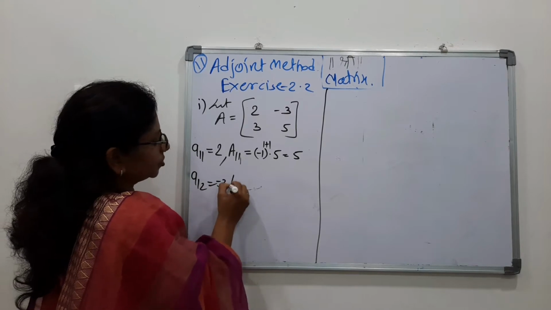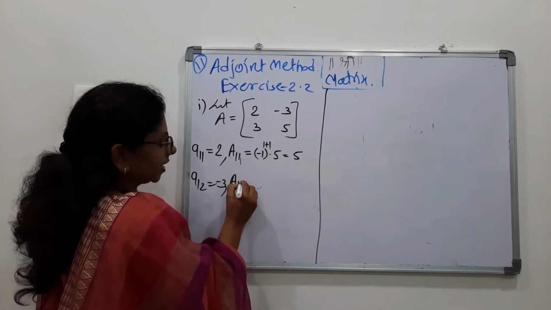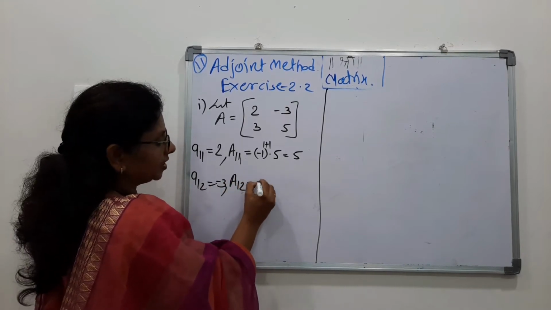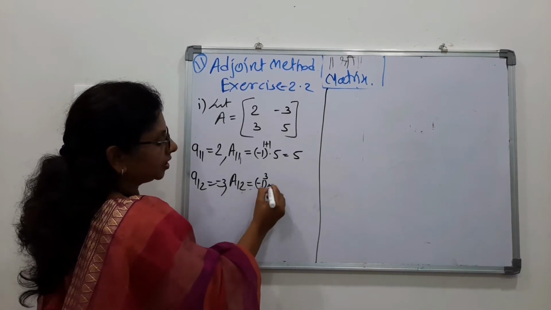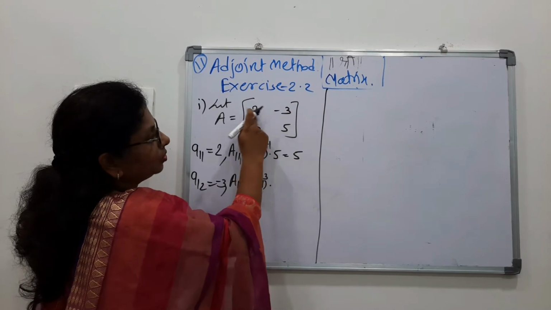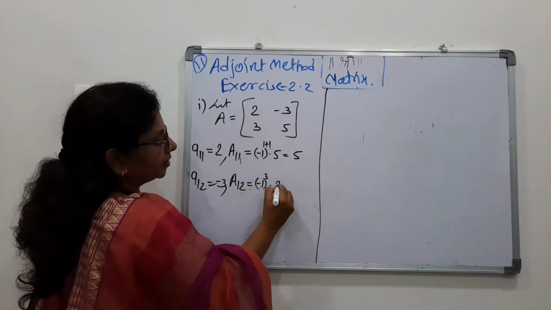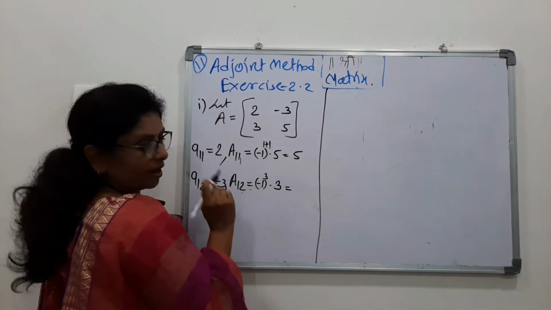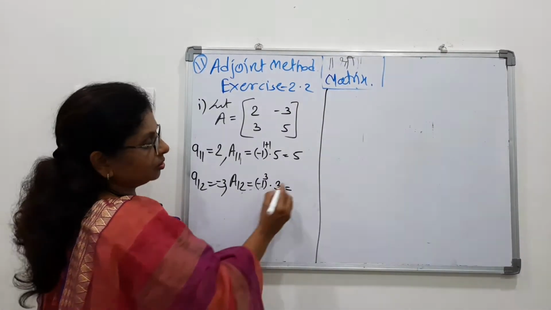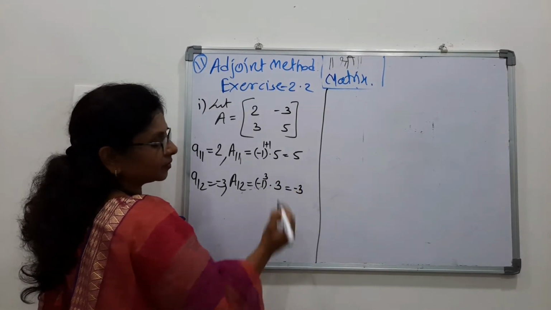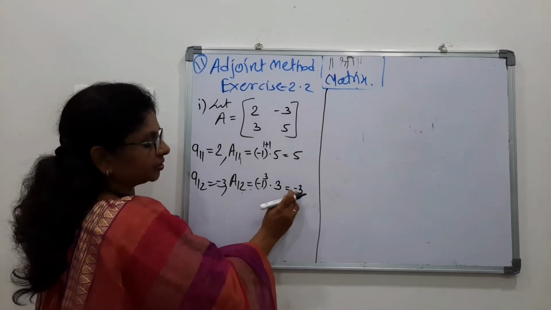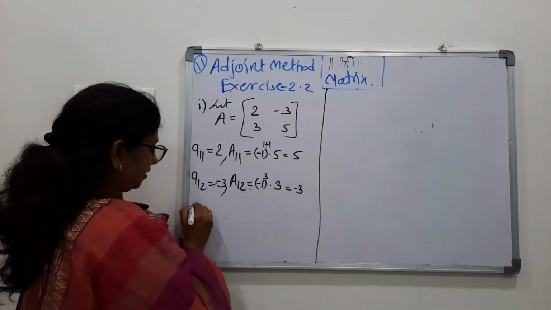Minus 3. The corresponding cofactor is capital A12, that is minus 1 to the power 1 plus 2, that is 3, into, hiding this row and this column, 3. Minus 1 to an odd power, so minus into this 3. Minus 1 into 3 is minus 3.